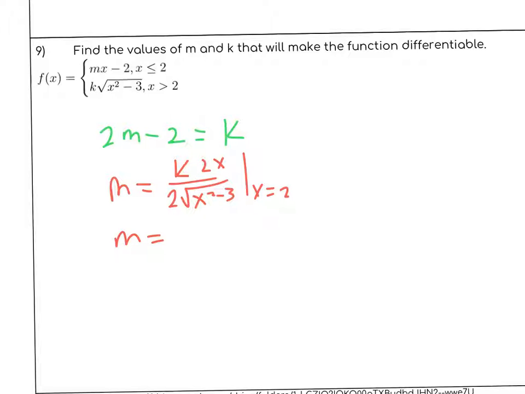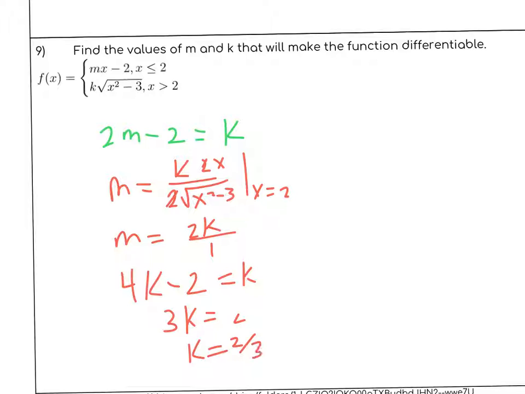So those cancel, 2k over 1. Nice. Okay, maybe I'll plug that into the one up top. So we get 4k minus 2 is equal to k, which means that 3k is equal to 2, k is equal to 2/3. And if k is 2/3, m is equal to 2k, m equals 4/3.